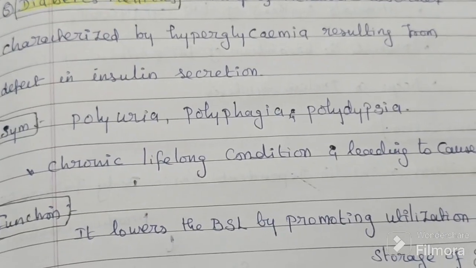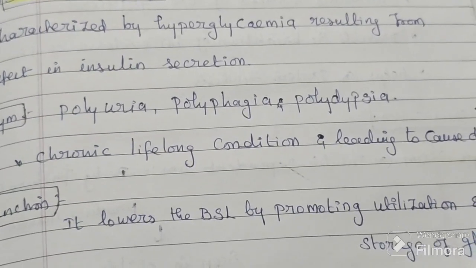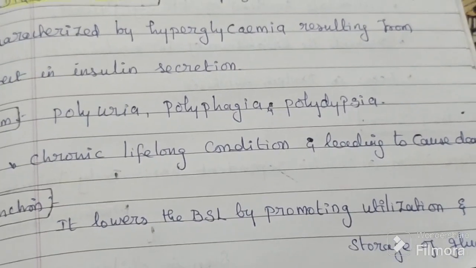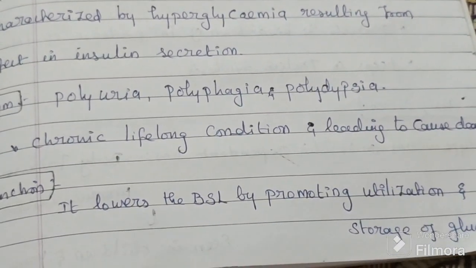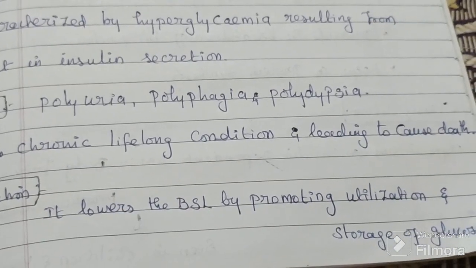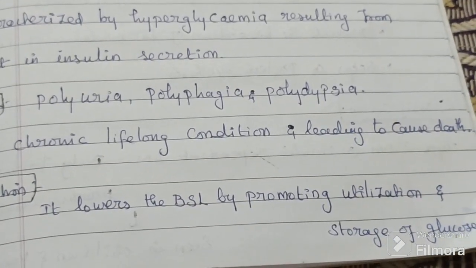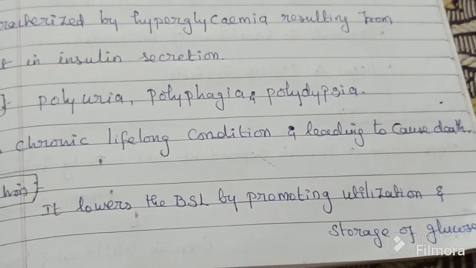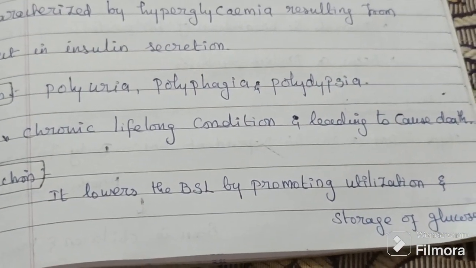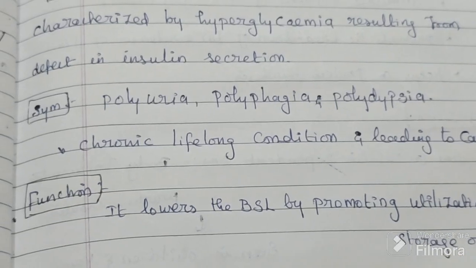Insulin is the hormone secreted by beta cells of islets of Langerhans of the pancreas, which helps to lower blood glucose level after a meal. It has many functions that help in maintaining the blood glucose level within normal range, which are as follows. What are the functions?